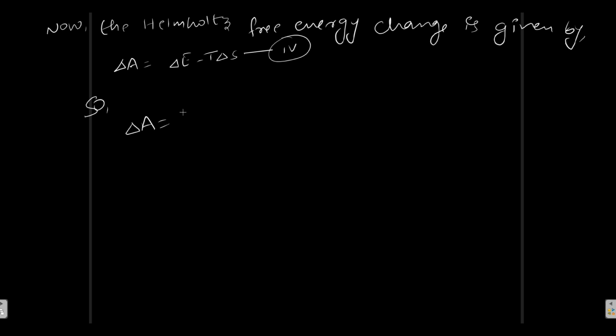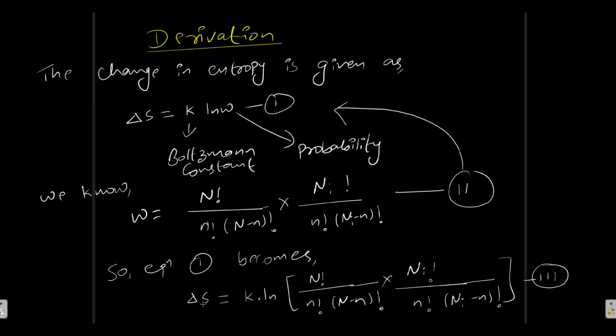So del A can be written as n E_F, where E_F represents the average energy required to create one Frenkel defect, and small n is the total number of Frenkel defects formed, minus T into del S. Del S means what? You can see over here, what was the formula for this del S?